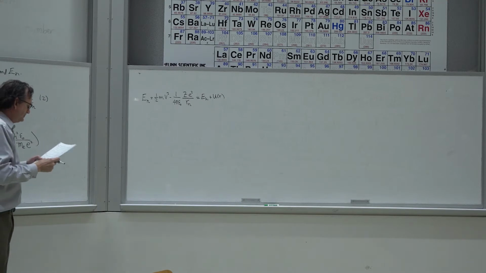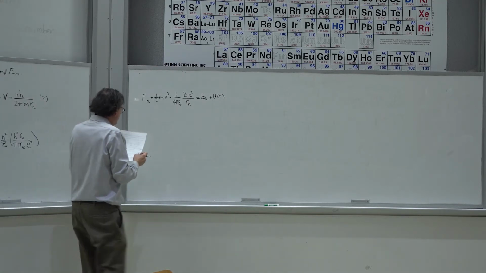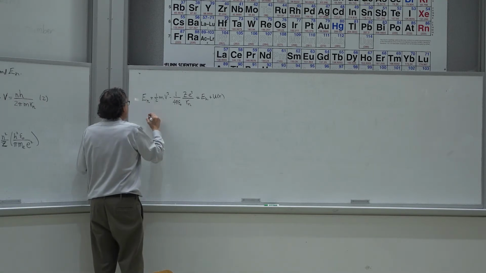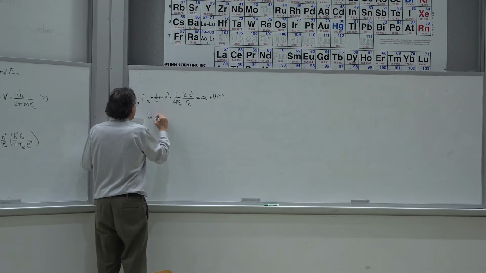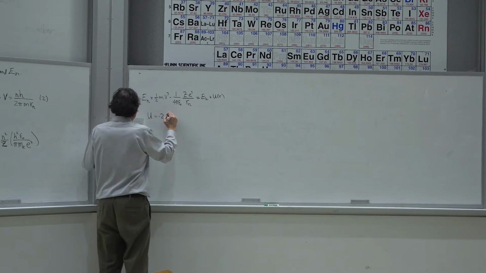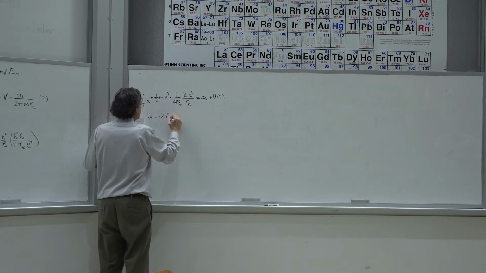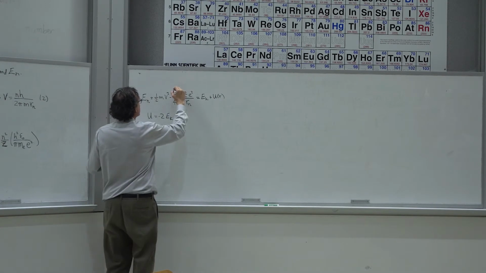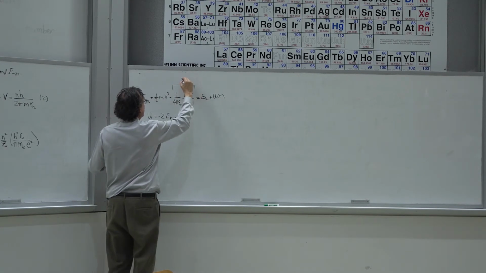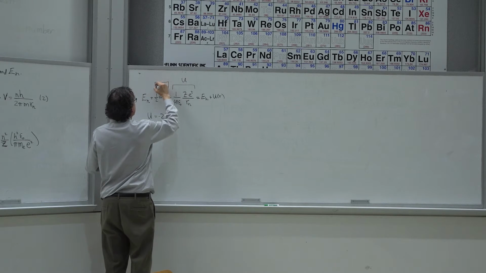And since I'm going to assume that, I will show you that U is equal to minus 2 times the kinetic energy. We'll assume this is true right now. And this, of course, is the potential, and this is the kinetic.